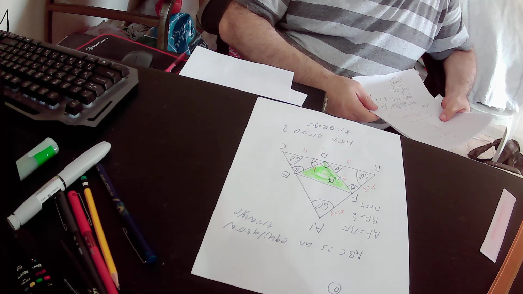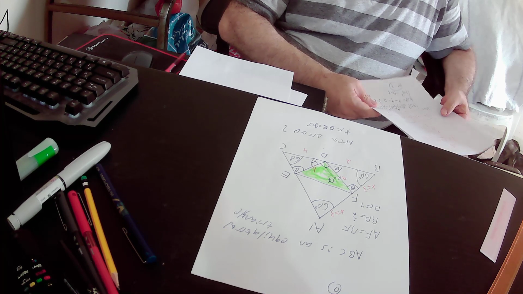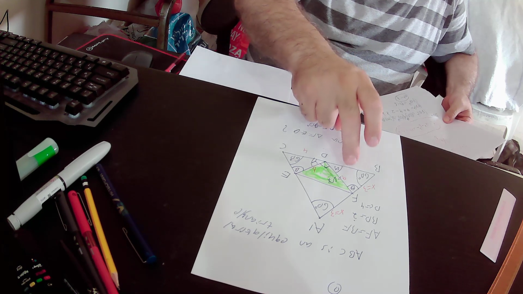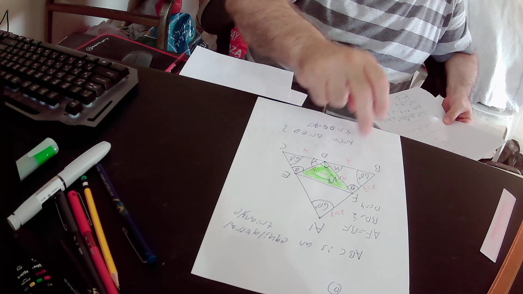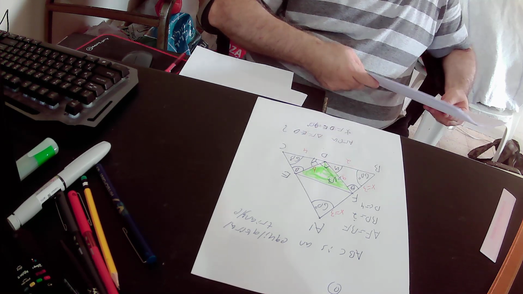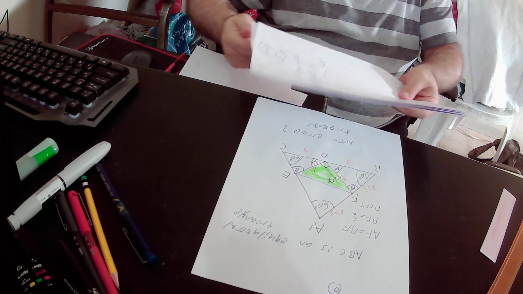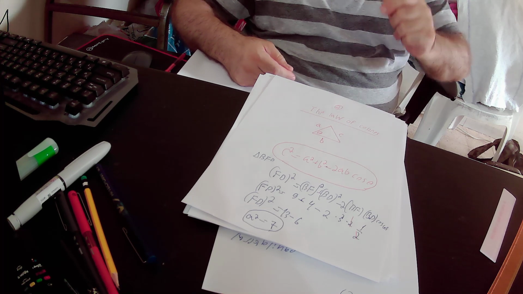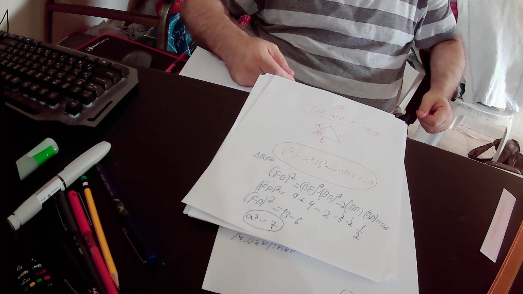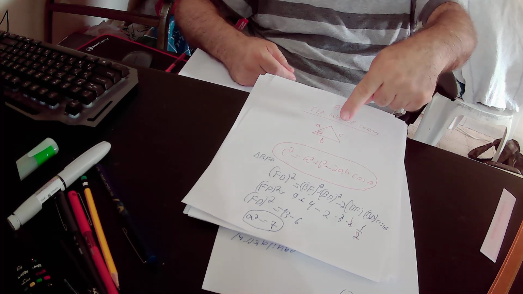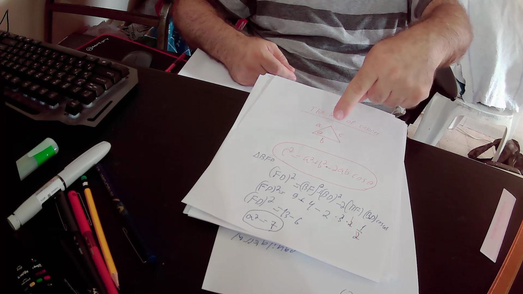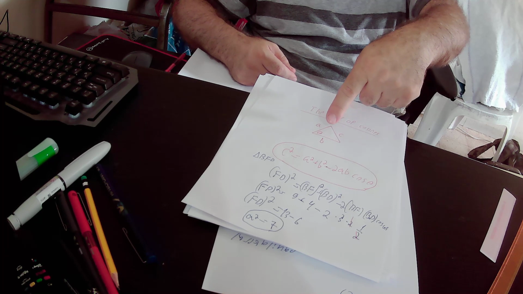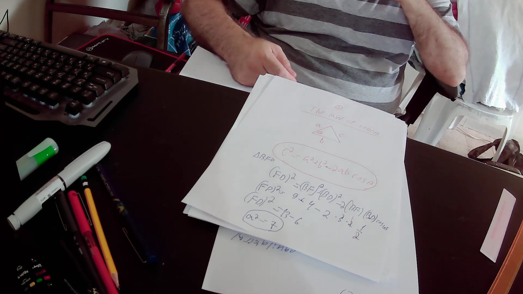And we used the law of cosines in order to find out the value of A. According to the law of cosines, in this triangle, C square equals A square plus B square minus 2 times AB cosine theta.